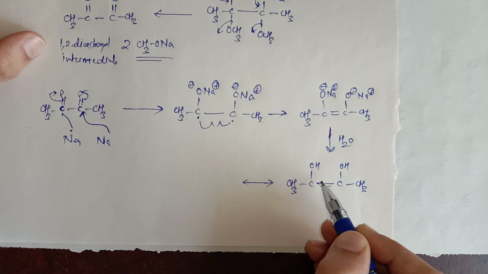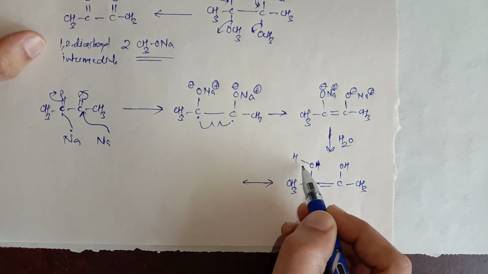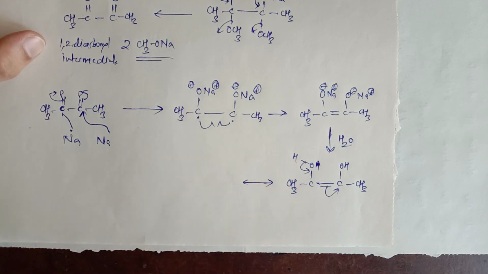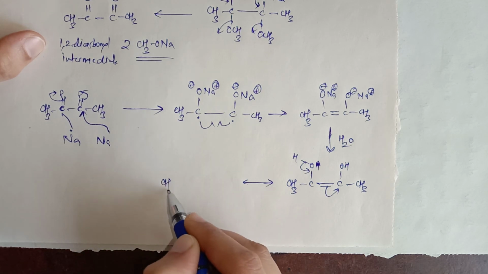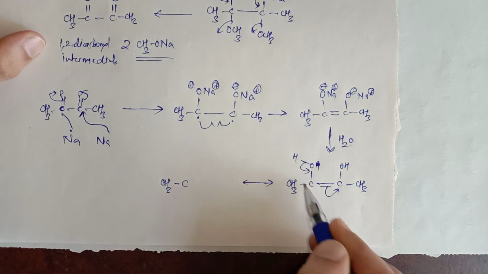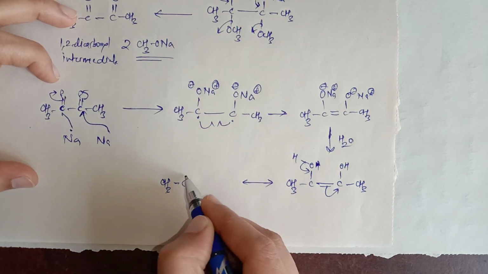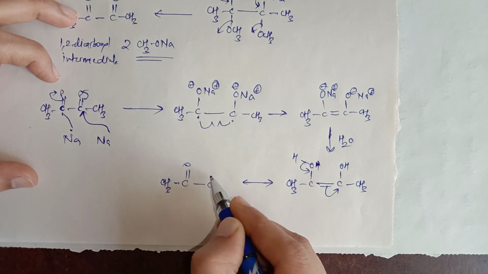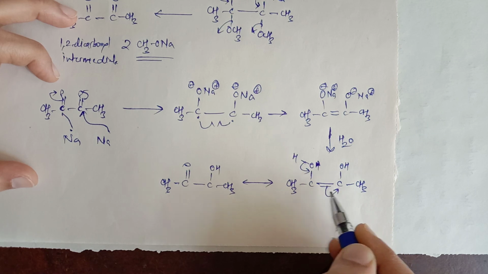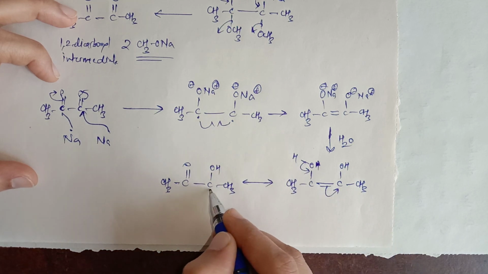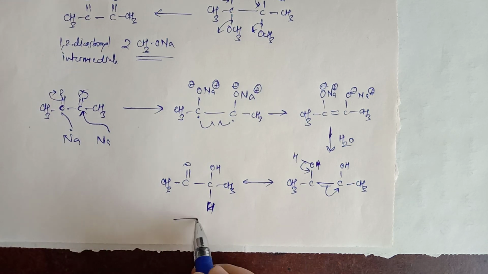After tautomerization, the electrons will shift here, and these electrons will shift here, so you will get alcohol to ketone, right? We have this alcohol now, and as these electrons shift here, you will get the ketone, C, OH as it is, CH3 as it is. As this electron shifts here, it will become C minus, and this proton will be abstracted here, so it will go H, right? So finally you are getting this species.